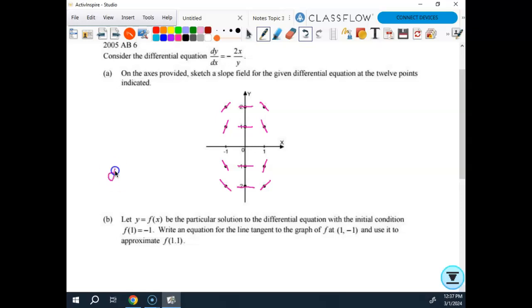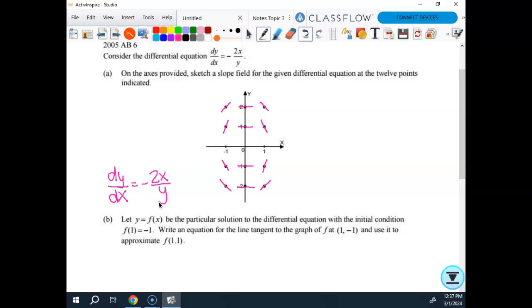I'm just going to rewrite this equation so that I can see it once I scroll. Otherwise, I'm not going to see it. What's happening on the y-axis? What's happening on the x-axis?